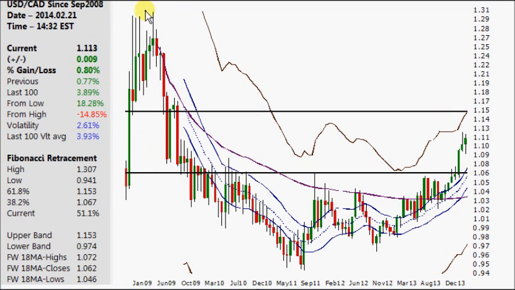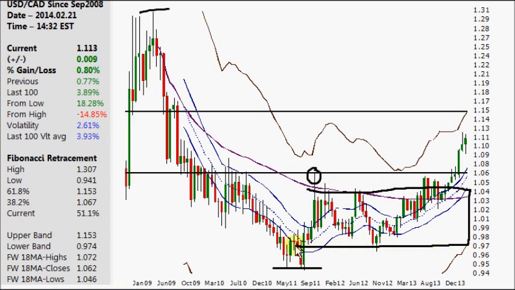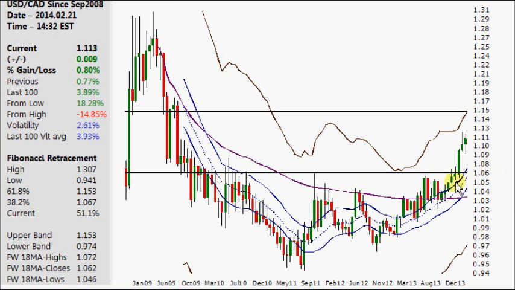This high is very much a key high, as would this low be a key low. From that point, a move right up to the first significant Fibonacci level, where it then went into a sideways range. Well, over the last few weeks, it has broken past this range.